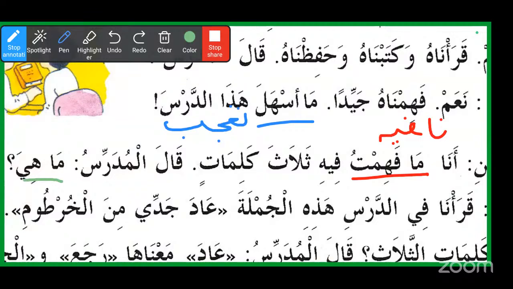This is called ma istifhamiyya. And there are other types of ma as well, okay? Not only three. Ma is the most flexible word in Arabic.